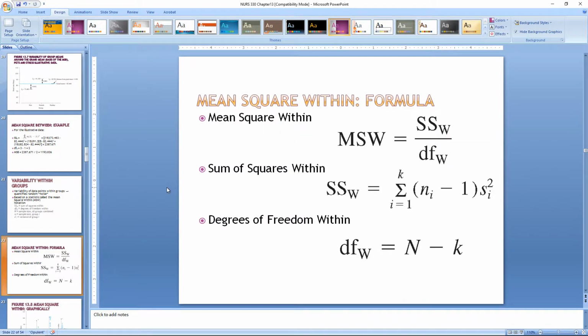So our mean squared within formula: to calculate our mean squared within, it equals the sum of squares within divided by the degrees of freedom within. Much similar to how we did the mean squares between. Here are the formulas for the sum of squares within and the degrees of freedom within.